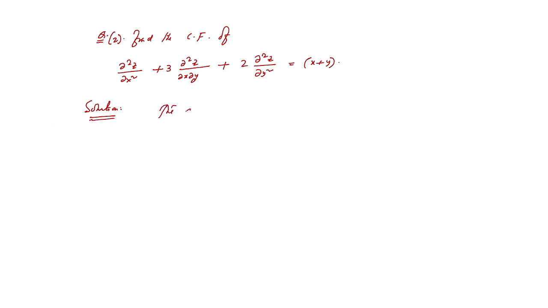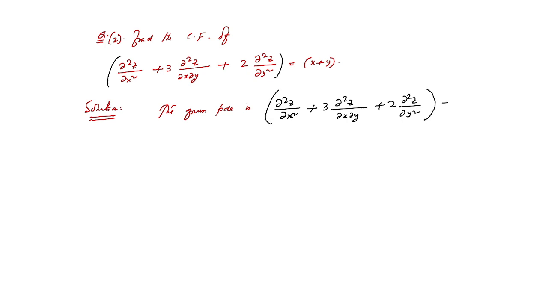So here the given PDE is a linear PDE, and you will see its order is basically 2. Here this part is of order 2: del 2z del x2 plus 3 del 2z del x del y plus 2 del 2z del y square equals x plus y.